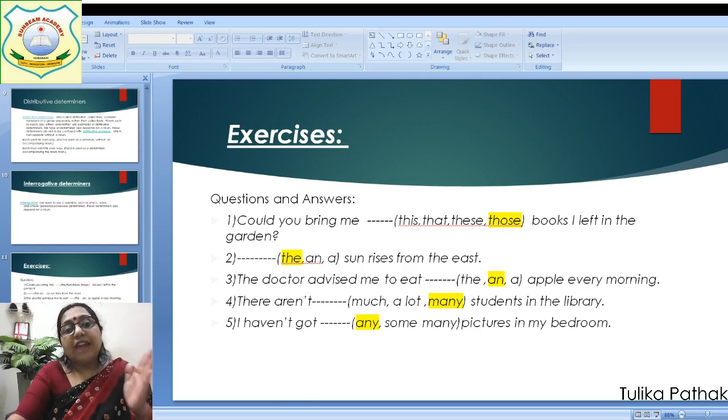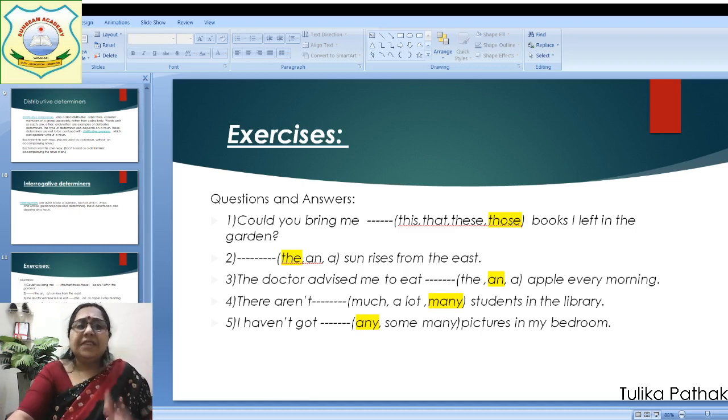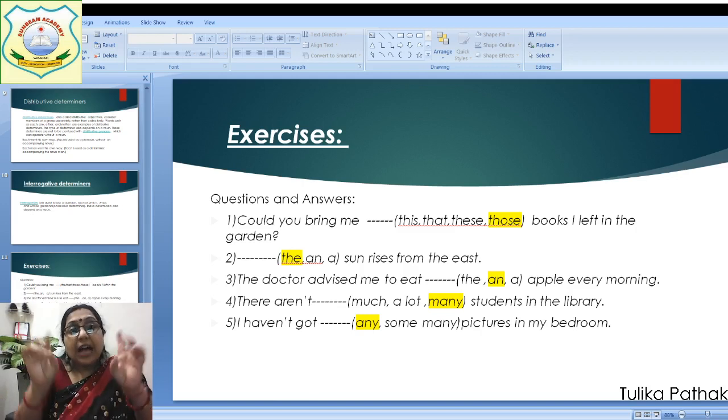The doctor advised me to eat an apple. No, one apple. And apple starts with a vowel, so an indefinite article. An apple every morning you should also eat. There aren't, what will it be? Much. Can we weigh it? No, we can count.